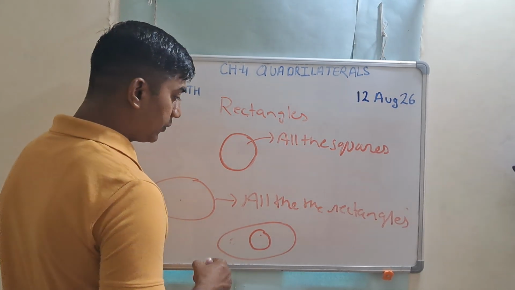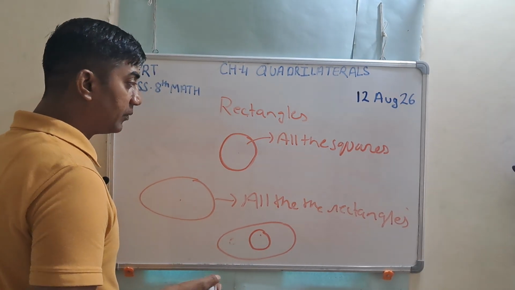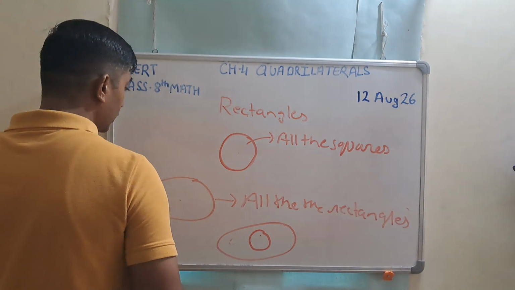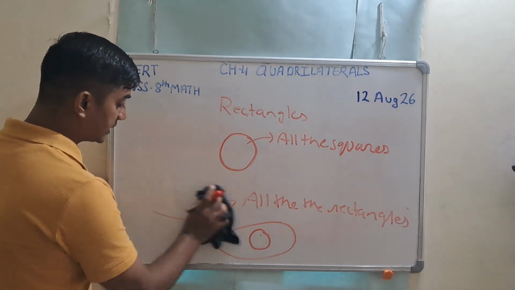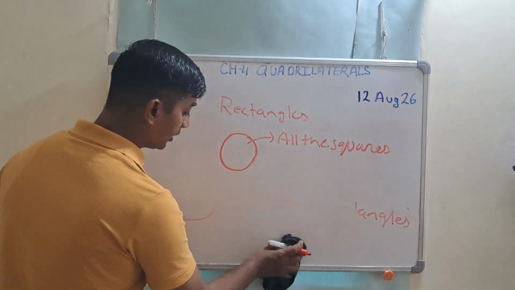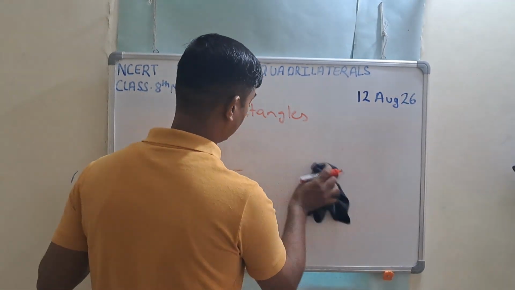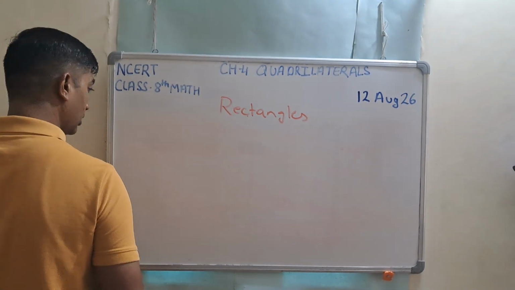Understood? And we can also say that if we take the quadrilateral as a universal set, what is the Venn diagram of the universal set? See, we represent a universal set by a rectangle.